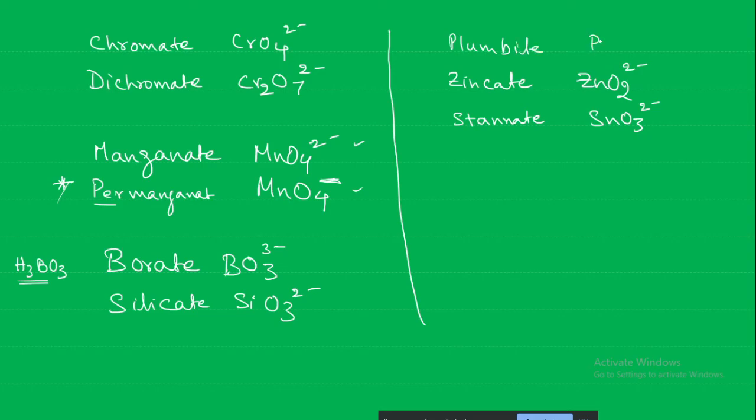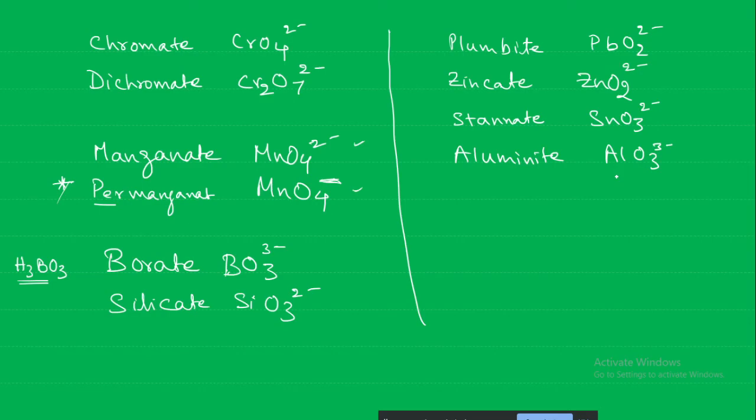Plumbite, PbO2 2 minus. So both zincate and plumbite are similar. Stannate is SnO3 2 minus, and aluminite. Aluminium reacts with sodium hydroxide to form sodium aluminite, which is AlO3 3 minus.